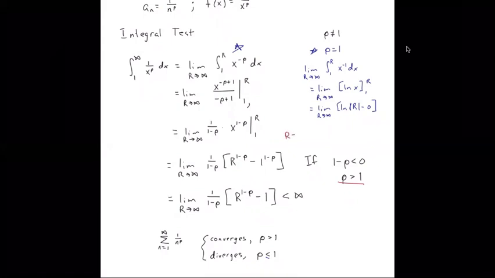Let r be equal to 2, possibly, and then check what if p was to be equal to 2. So 1 minus p needs to be less than 0, and if p was 2, that would be 1 minus 2 is less than 0, and you could see that this thing would actually be a convergent limit as r goes to infinity.